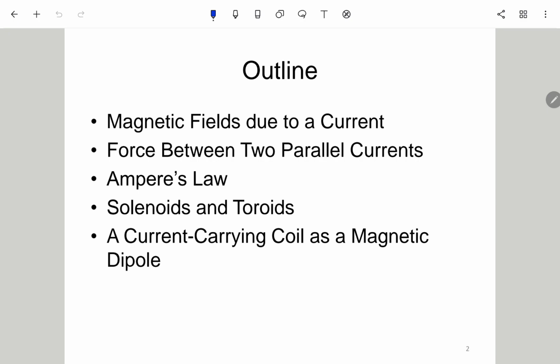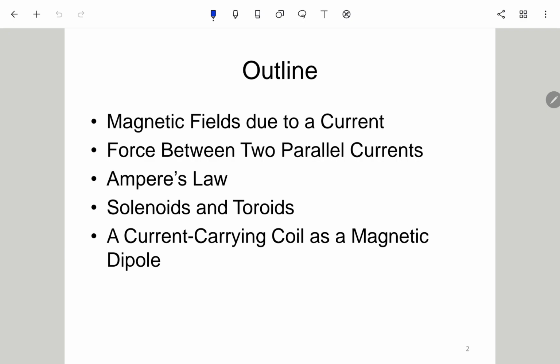Okay, at the end of the last chapter, we learned the second version of the Lorentz force. Which means that if we have a current in a B field, then there will be a force acting on it. So here, if we have two parallel currents, either parallel or anti-parallel, then one of the currents will generate a B field.